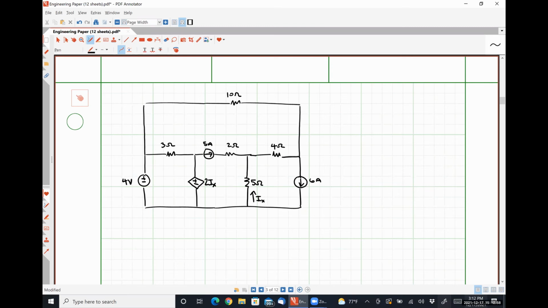Okay. So if I identify my meshes, there's going to be, let's call this guy IA. This guy will be IB.